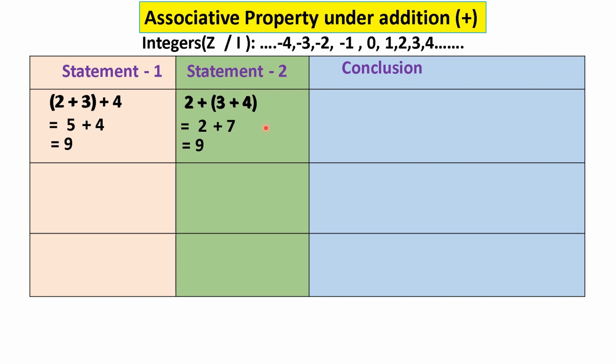But we get the same answers. Now we conclude that 2 plus 3 plus 4 is equal to 2 plus 3 plus 4.